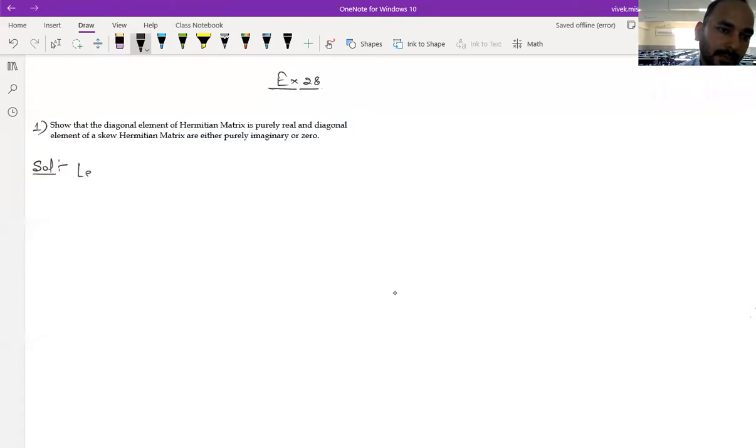So let A is equal to Aij be a Hermitian matrix. ठीक है, ये पहले मैं ये पार्ट कर रहा हूं. इसमें एक्चुअली दो क्वेश्चन है. Show that the diagonal element of Hermitian matrix is purely real. पहले ये, फिर एंड वाला पार्ट आगे बाद में करते हैं.